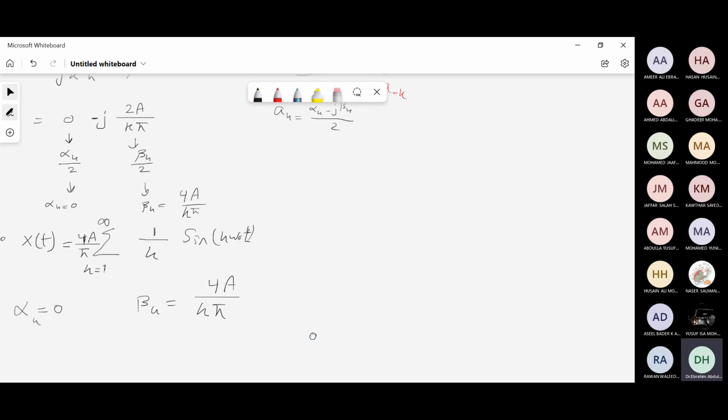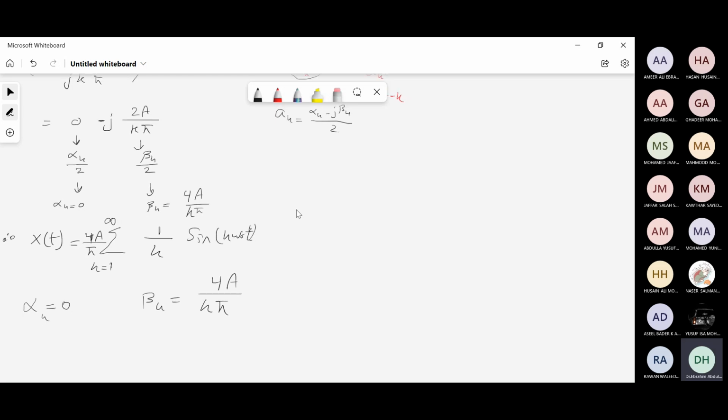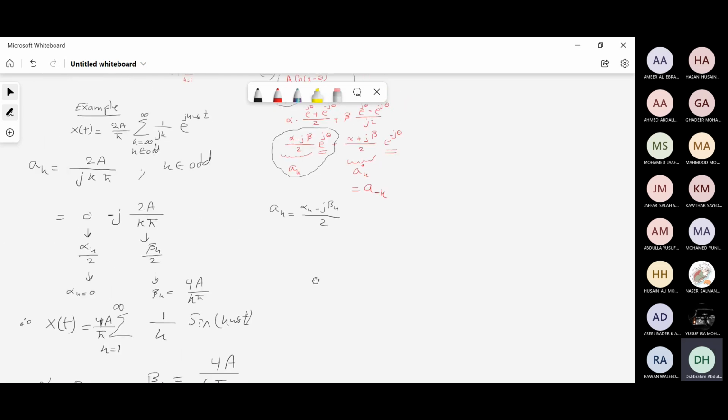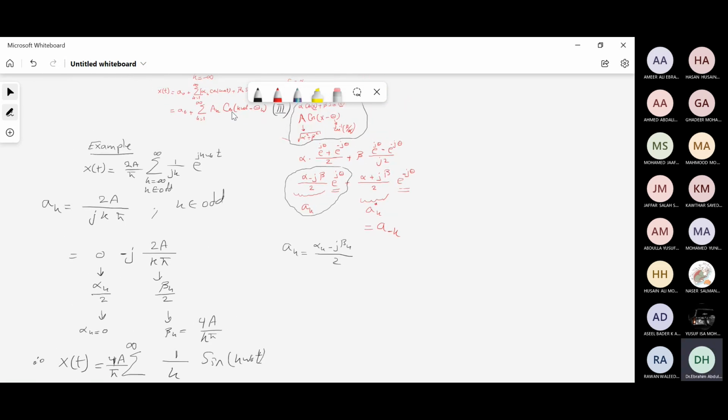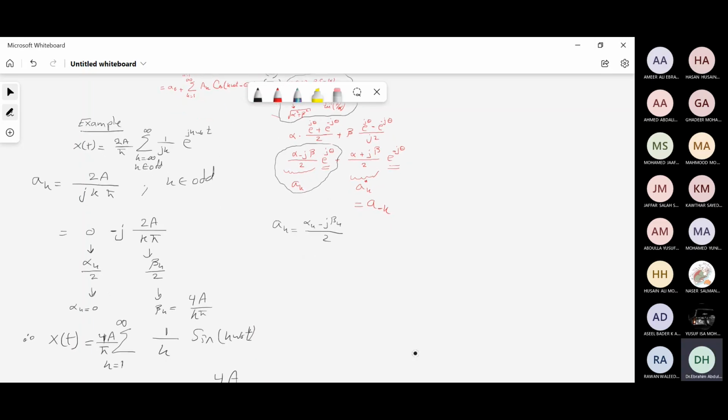By the way, you can directly write it from here, because it is only sine and we want to change it to cosine. So changing this one to cosine, it is equal to 4a divided by pi, summation k from 1 to infinity, 1 over k, cosine k omega naught t.